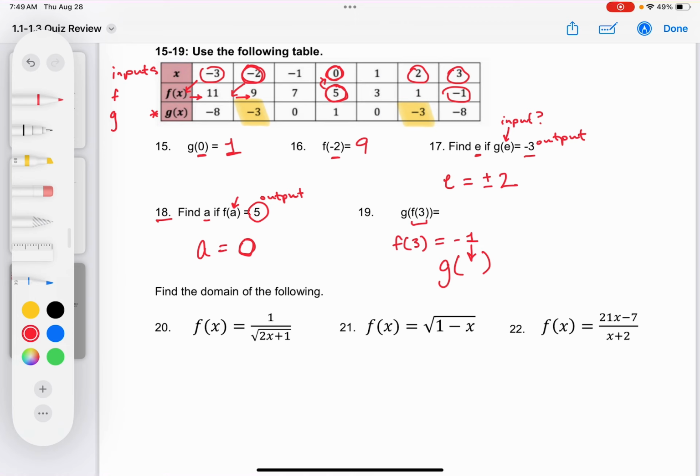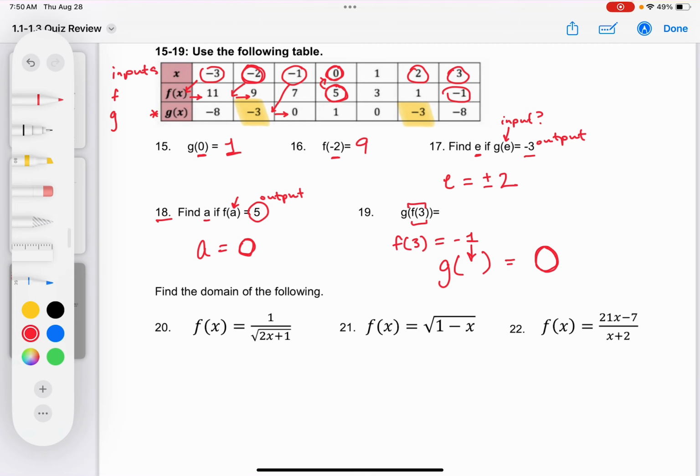So you have to find this result first, and then input it to the next function. When I go over to -1 and see what I get when I put it into function g, I get out 0. Those are pretty straightforward. The ones that can be confusing are the composition functions, so you just want to work those from the inside out.